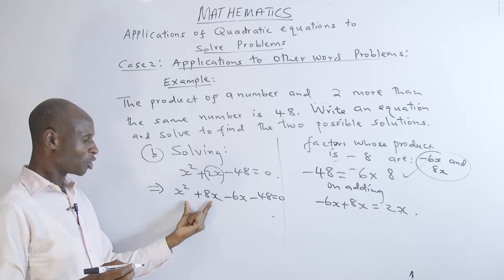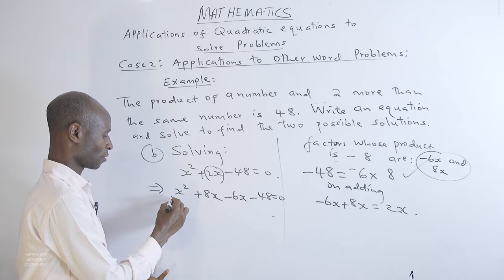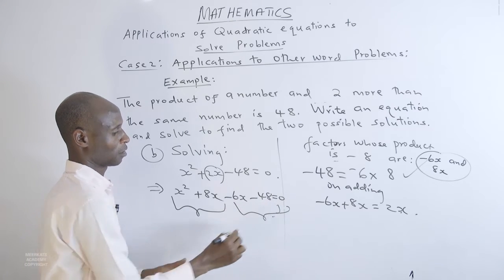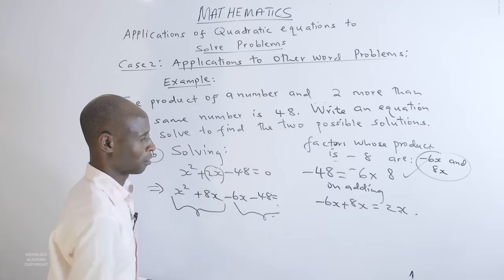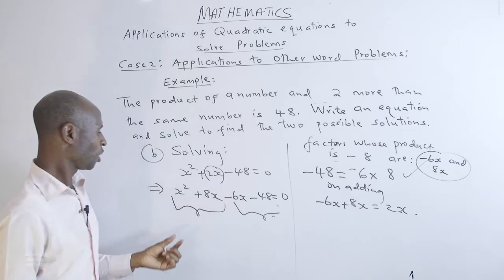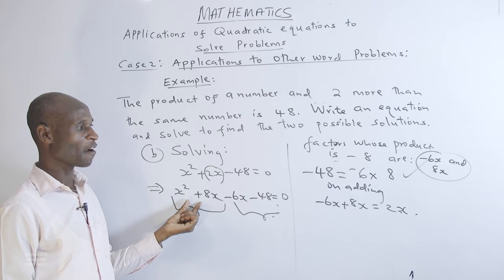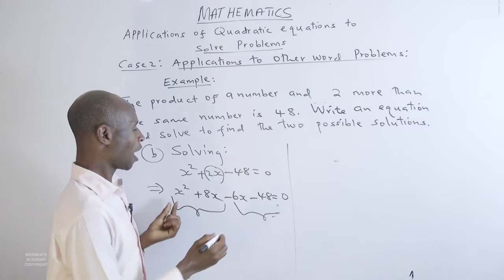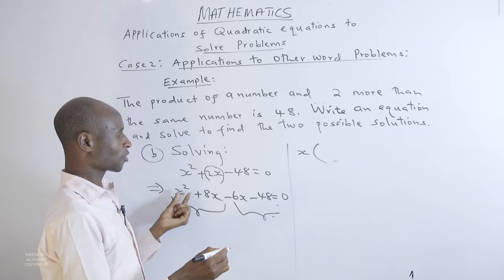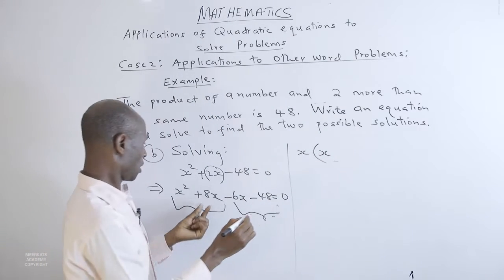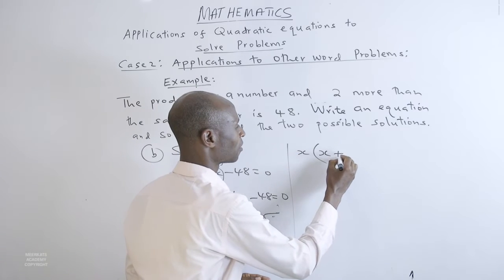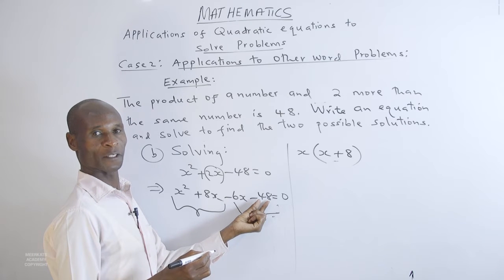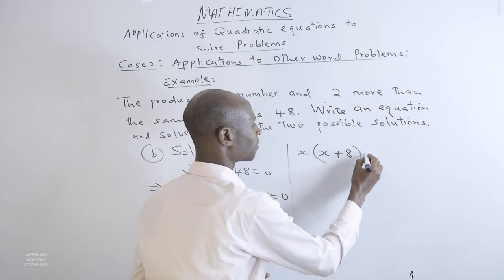Class, what is common between the first two terms? Between the first two terms, x is common, and therefore we factorize x. We shall have x times: 8x squared divided by x is x, and 8x divided by x is 8. Then between negative 6x and negative 48, what is common? The common factor is negative 6.